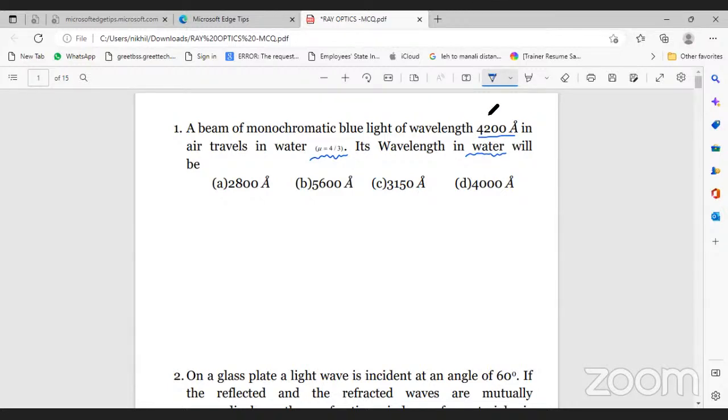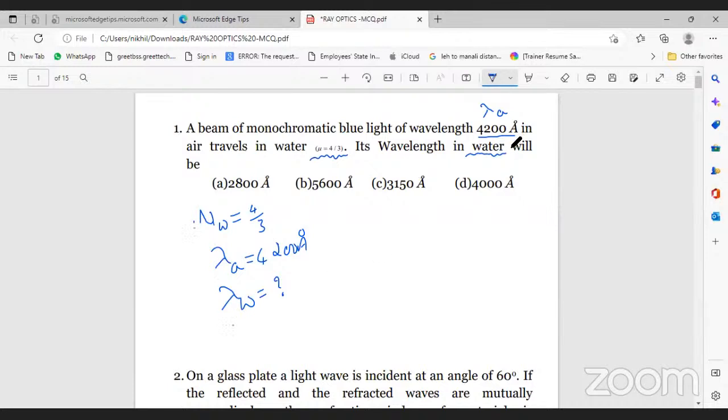This is the wavelength in air medium, and this is the refractive index of water, N_w, which is 4/3. The wavelength in air medium is 4200 angstrom. They are expecting us to find the wavelength in water.